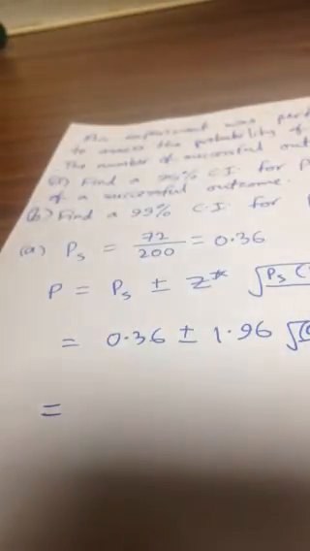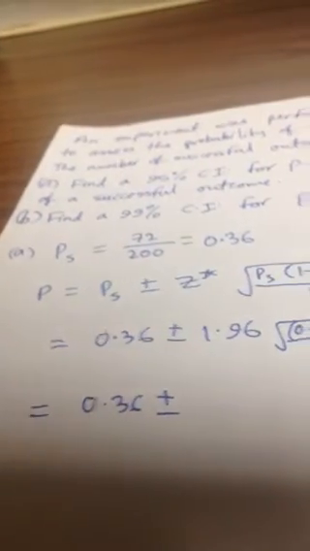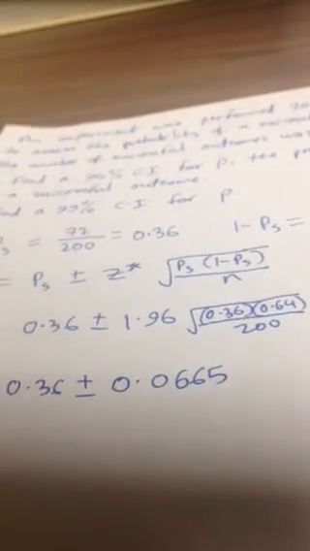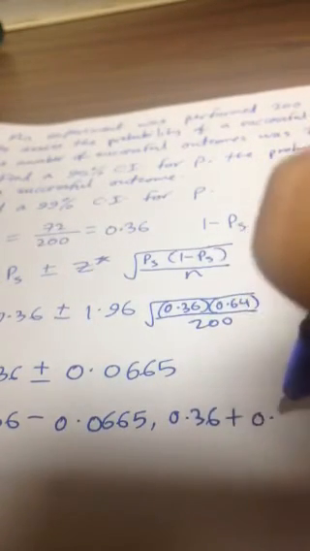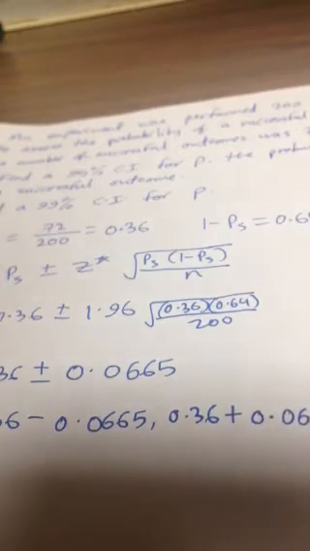So that would work out to 0.36 plus or minus 0.0665. So our lower bound would be 0.36 minus 0.0665, and our upper bound will be 0.36 plus 0.0665.